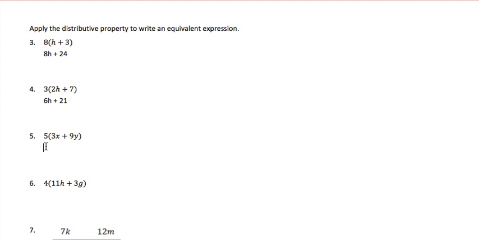And then in number 5, we have 5 times 3x, which is 15x, plus 5 times 9y, which is 45y. In number 6, we have 4 times 11h, which is 44h, plus 4 times 3g, which is 12g.